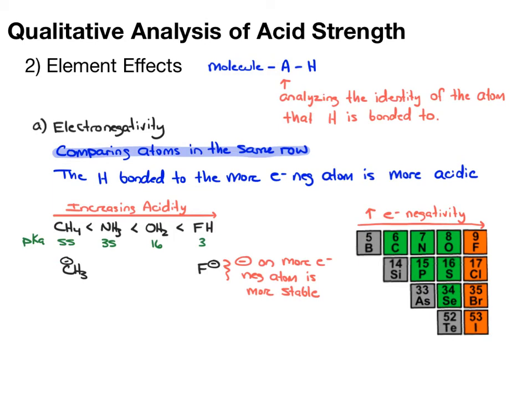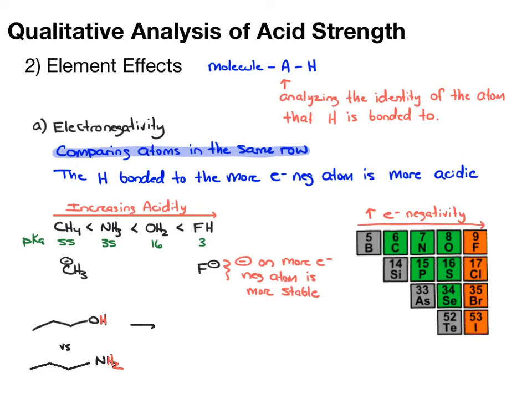If we want to compare a slightly larger molecule, say you're asked which is more acidic, propanol versus propylamine. In both cases, it's the hydrogen on the electronegative heteroatom that's going to be the most acidic.